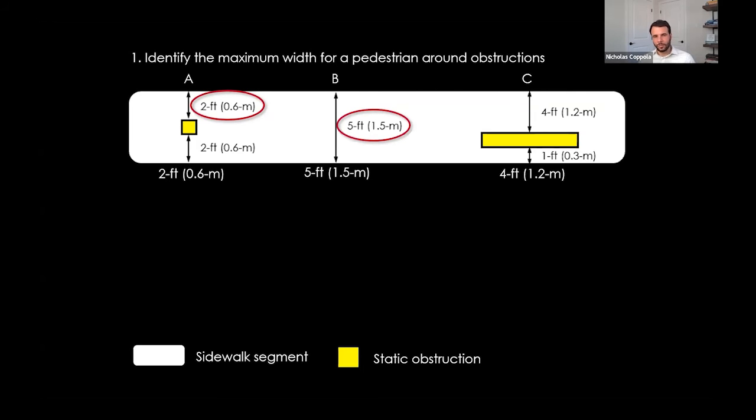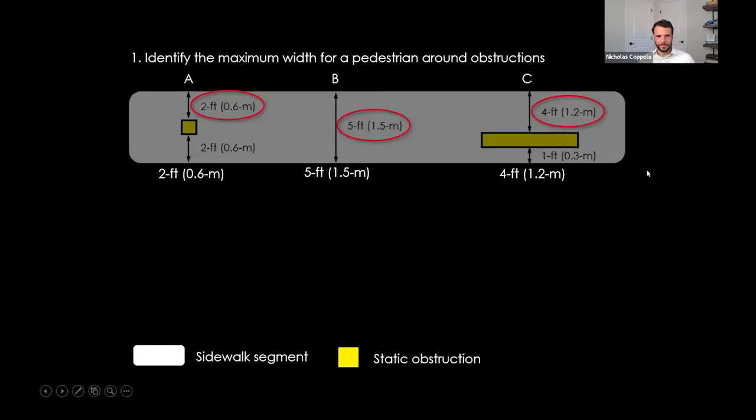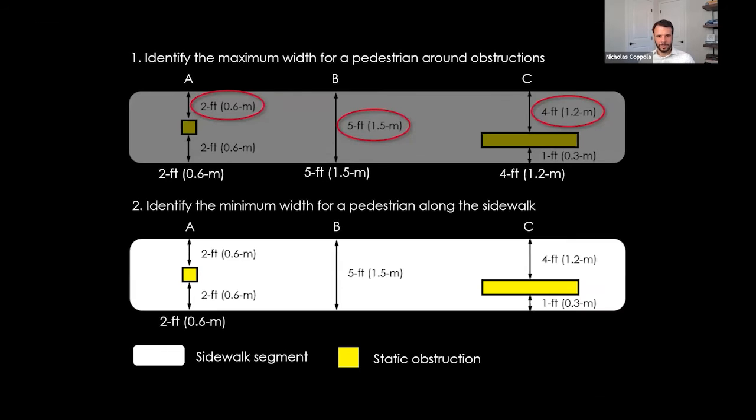We also took a look at the width of the sidewalk itself. In this example, you have 5 feet. And lastly, we looked at where the other obstruction existed, and you have 4 feet of space to get around that obstruction. In the end, we did this for every single polygon in the city of Cambridge, and asked, of those, what's the pinch point?